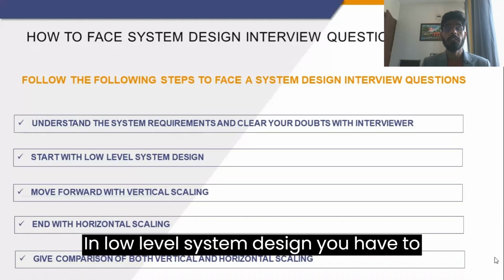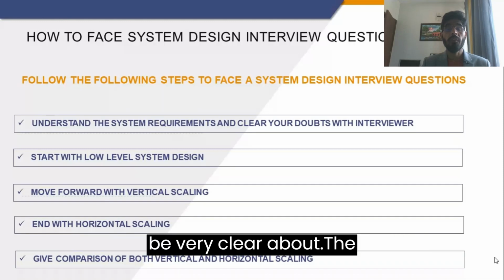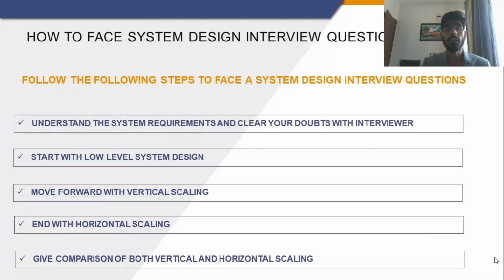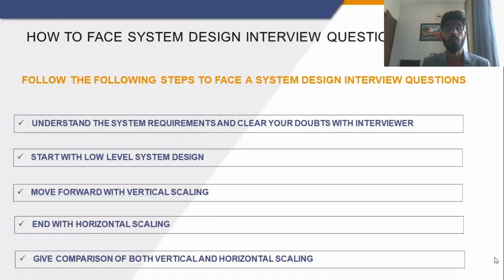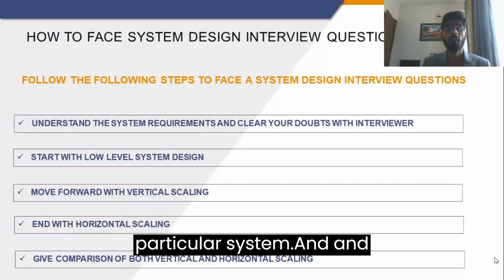In low level system design, you have to be very clear about the database architecture and skeleton of the system. Then move forward with vertical scaling of the particular system and end with horizontal scaling.